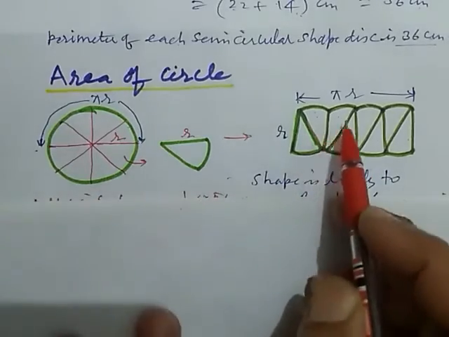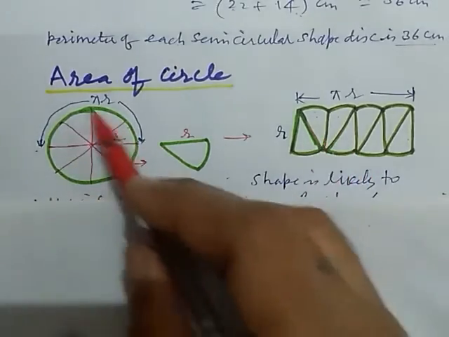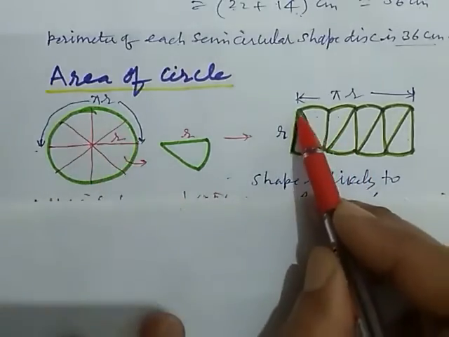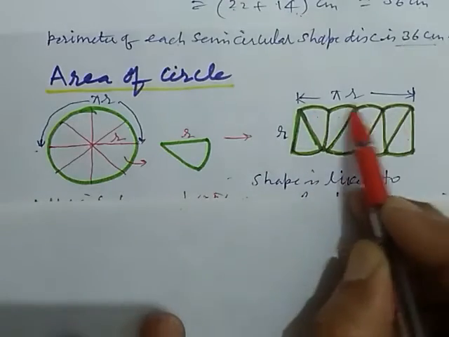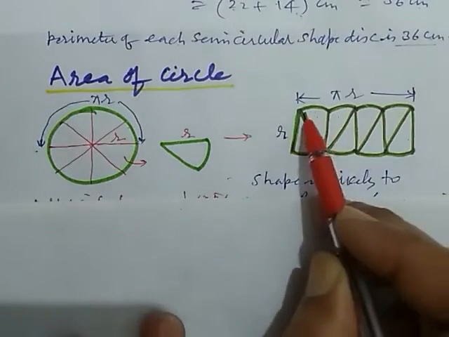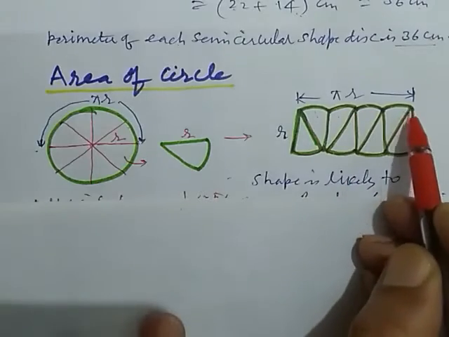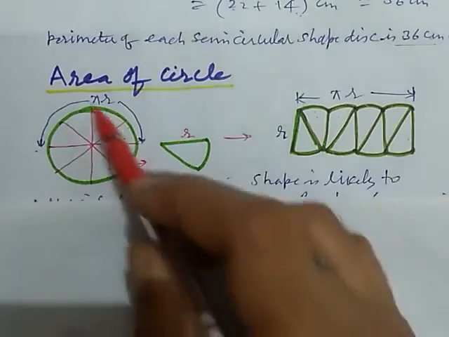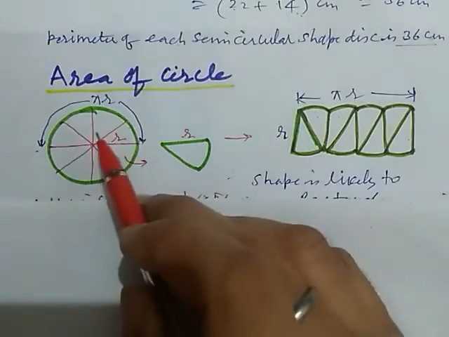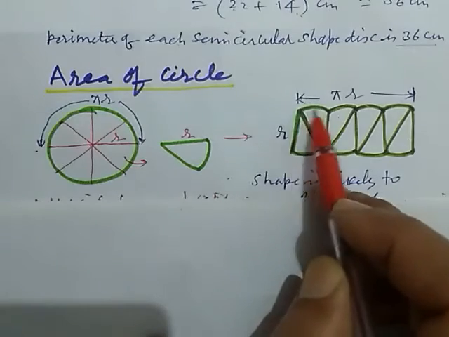If we take many parts of this circle, then this becomes just equal to a straight line. Here we take only 4 parts, so it is a corrugated shape. But when we divide the complete circle into thousands of parts, it looks like a straight line.